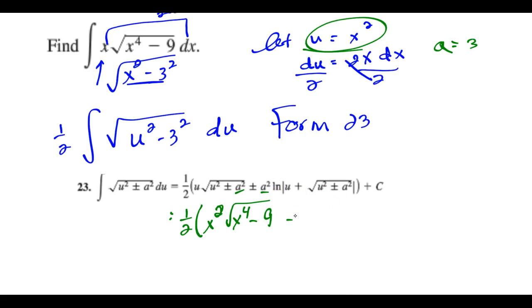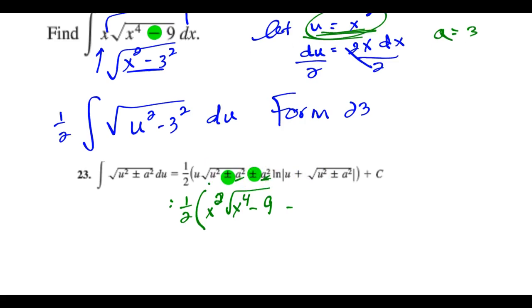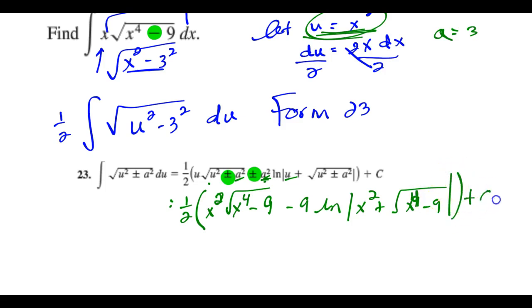Now it could be plus, it could be minus, but I will continue using the minus sign, and then I'll go back to the a squared term, which is 9, times the natural log of the absolute value of my u term, which is x squared, plus the square root of the same thing I did before, x to the 4th minus 9, and close the absolute value, close the parentheses, plus c.